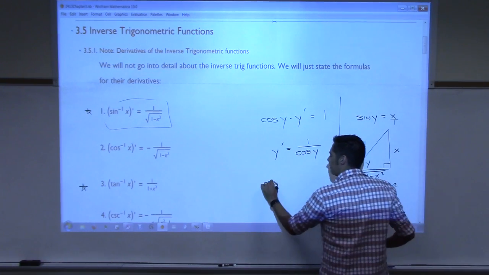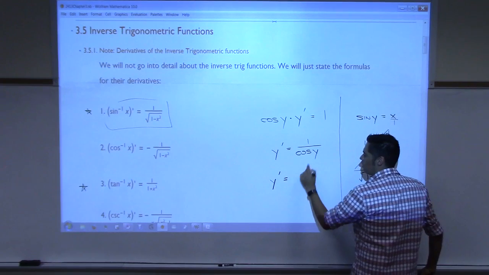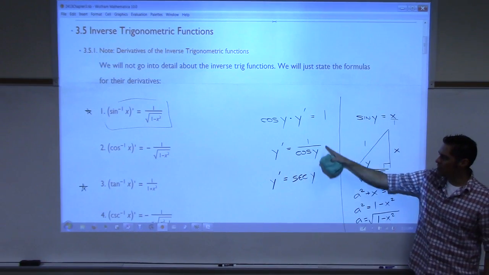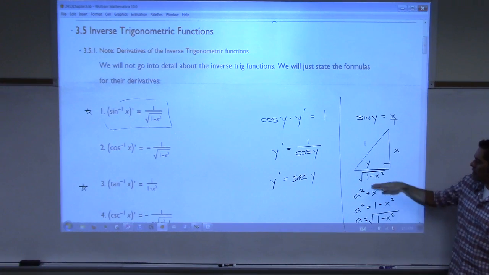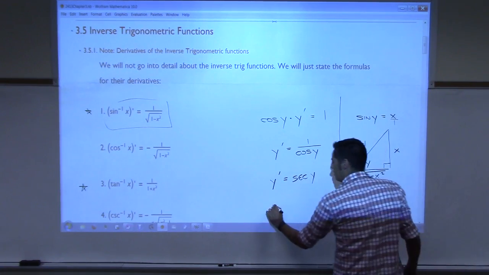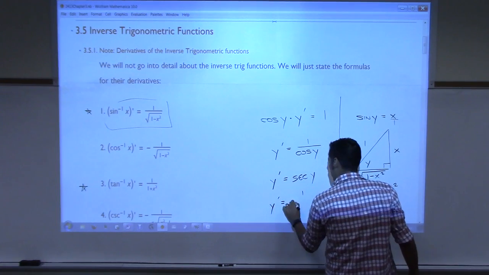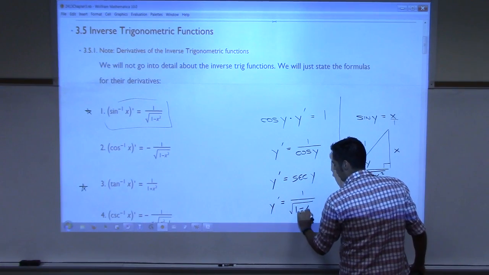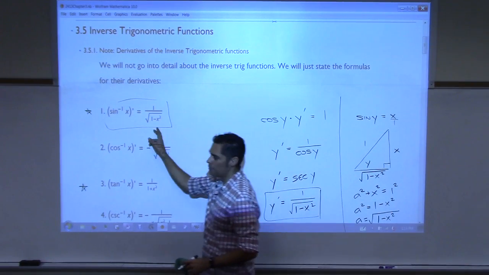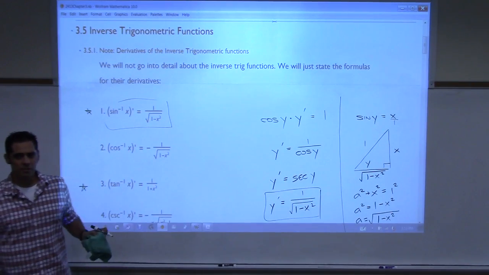Let me do it a little differently. 1 over cosine is secant, right? That's secant y. Secant is hypotenuse over adjacent. So if I write that down, I get 1 over the square root of 1 minus x squared. That's it. Does that make sense?